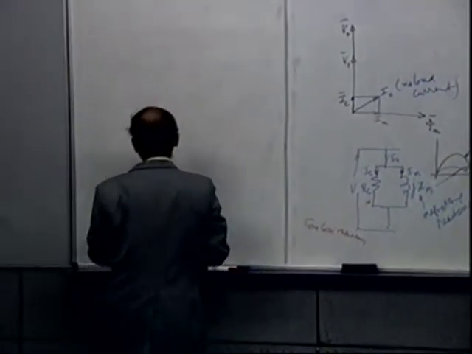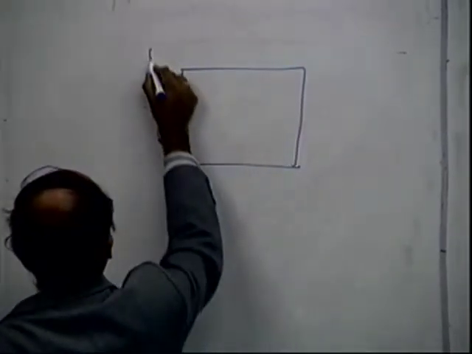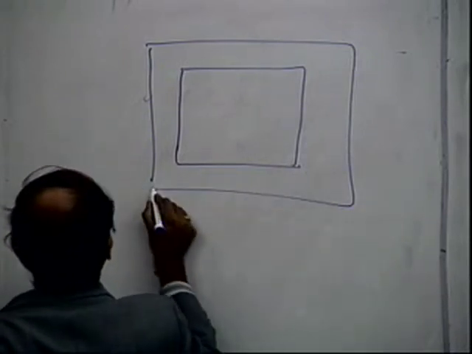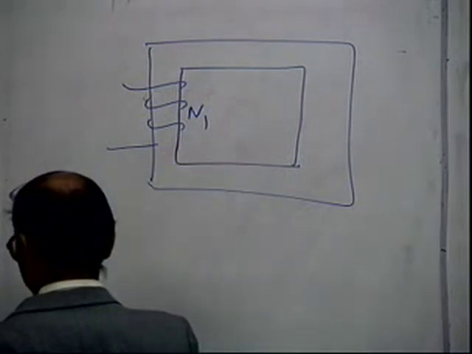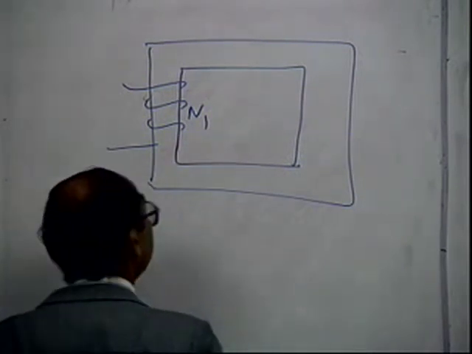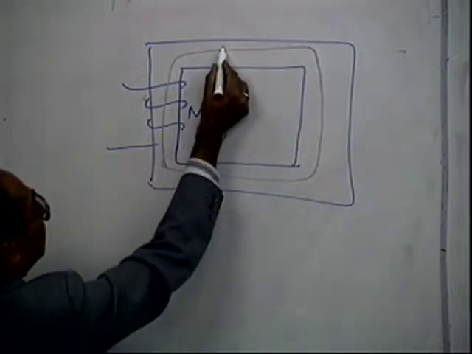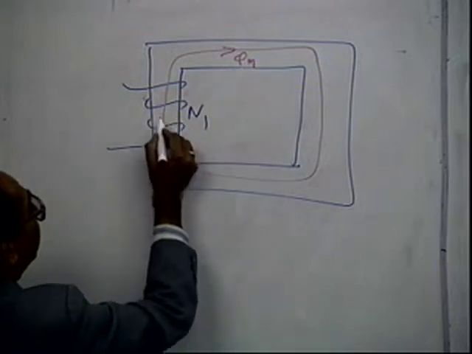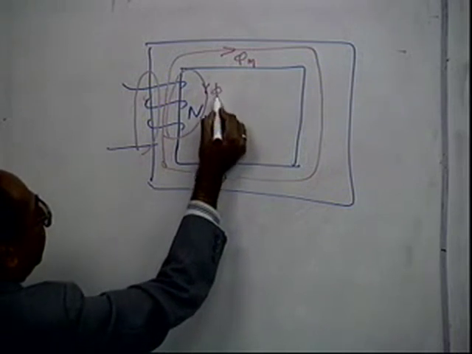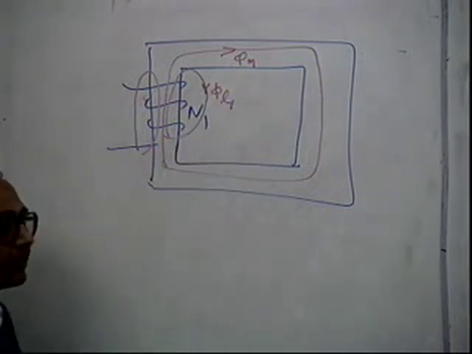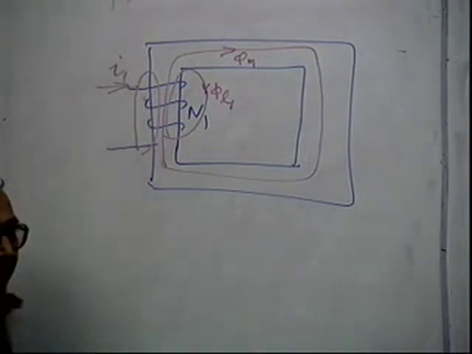So we'll quickly look at this. Now we have said that this is the mutual flux and there will be some leakage fluxes here. This is more symbolic. Phi leakage of the primary is produced by the current I1.